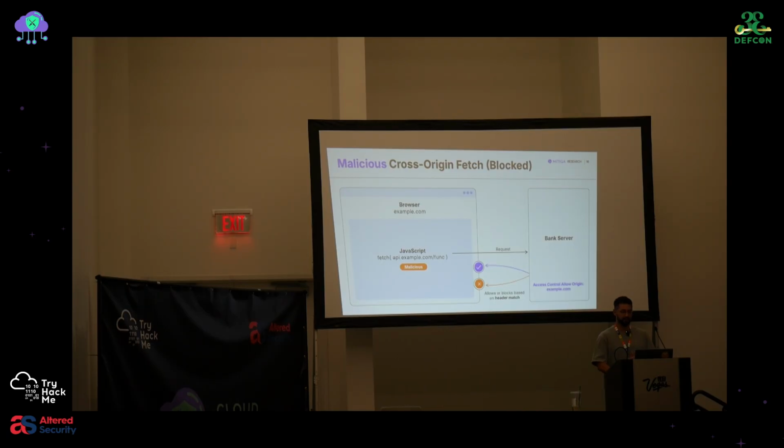But now let's take it one step further. Imagine that instead of that malicious JavaScript, you get a different JavaScript code, which is also malicious, that sends a POST request instead of a GET request to the same bank server, trying to do a money transfer operation from account A to account B. Because the bank server will get the request and execute the money transfer operation before my browser gets back the response, my browser cannot prevent this attack using the same method that we showed earlier.